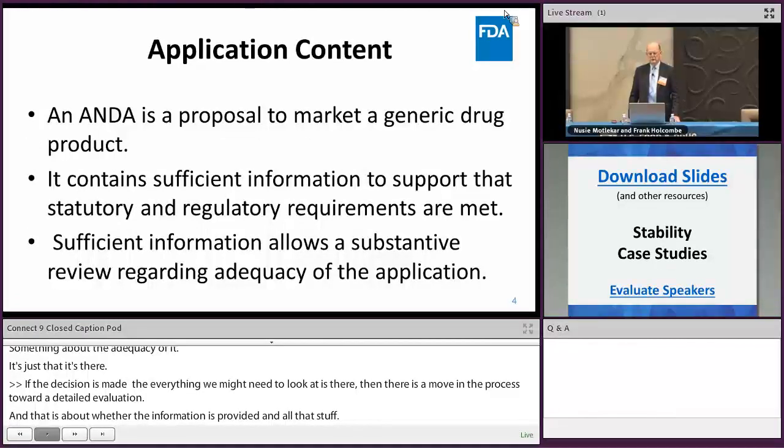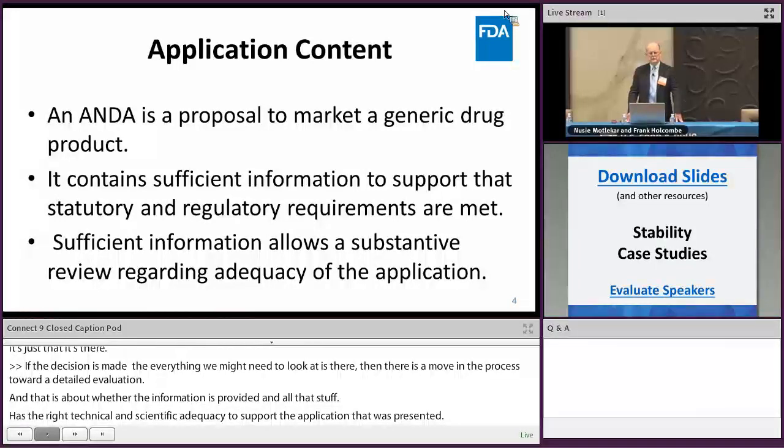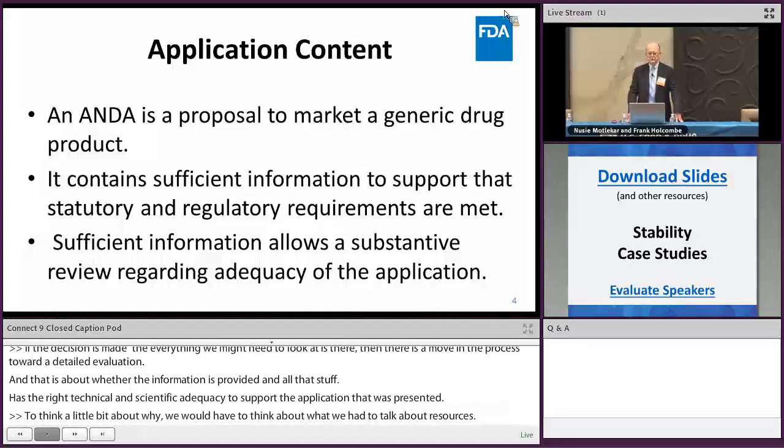To think a little bit about why we need to do that, we have to talk about resources for one thing. And we have to talk about what kind of structure we want to set up for our review processes. An ANDA, it's really at heart a proposal to market a generic drug product.